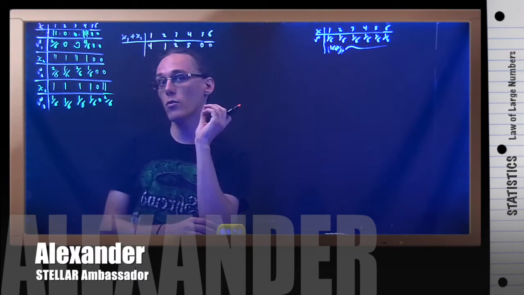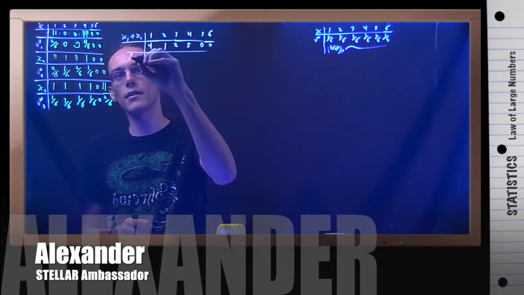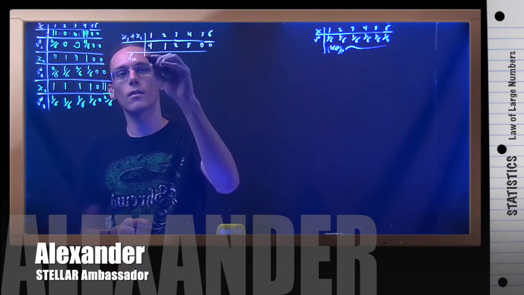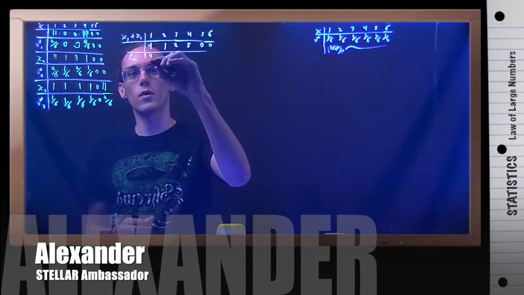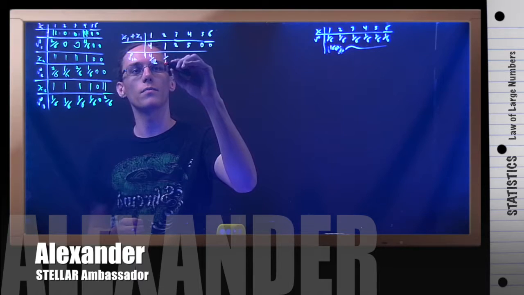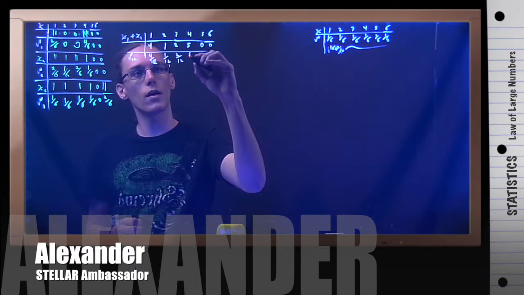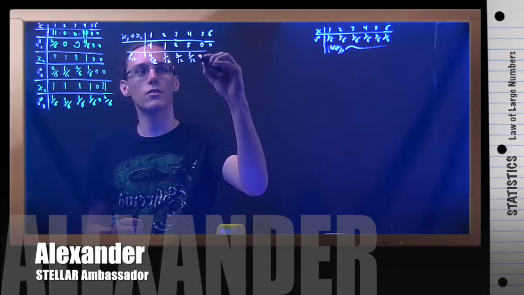Now, I didn't roll 6 times, I rolled 12 times, so the probabilities here are going to be 4 out of 12, 1 out of 12, 2 out of 12, 5 out of 12, and 0 and 0.